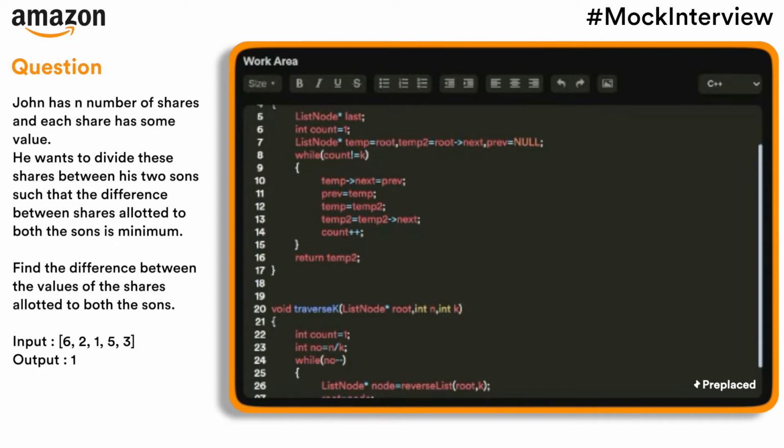And another way is that we can use somewhat the knapsack logic in this question and check what sums are possible, and we can store those sums.